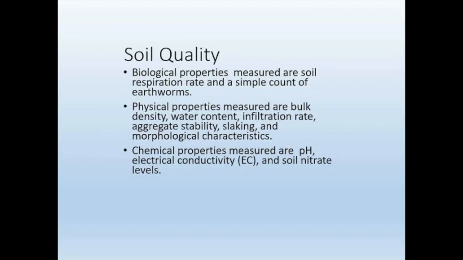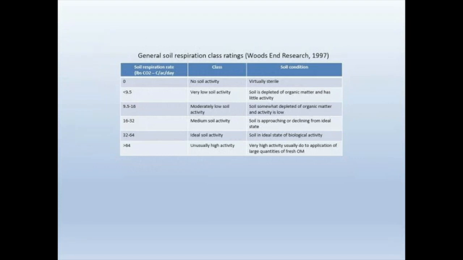We're used to measuring physical properties, like bulk density, texture, infiltration rate, aggregation, and chemical properties like pH, electrical conductivity, nutrient levels. But we haven't paid as much attention to biological activity. We're going to see more of these types of measurements.